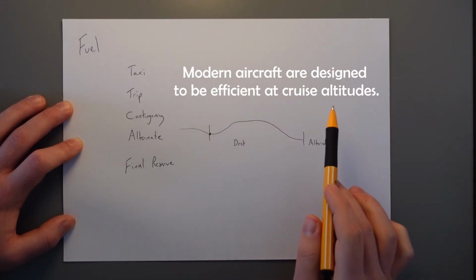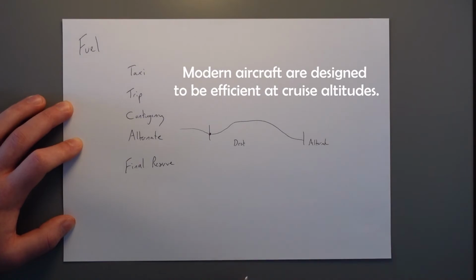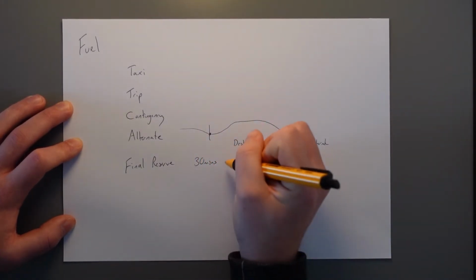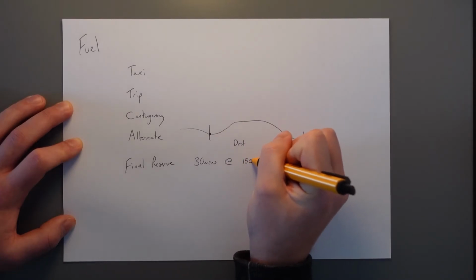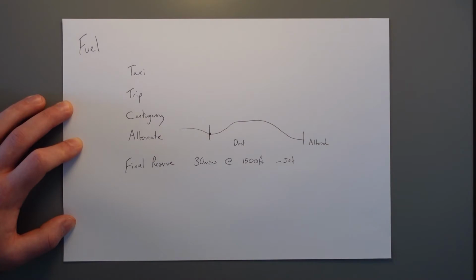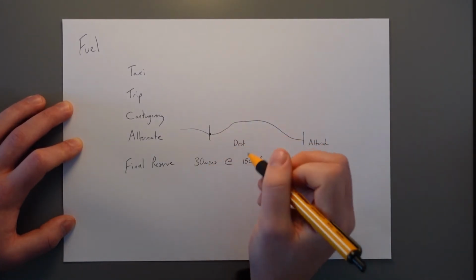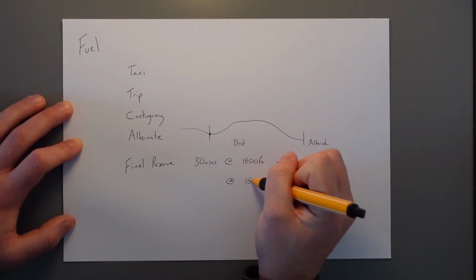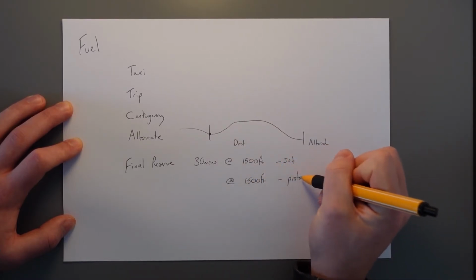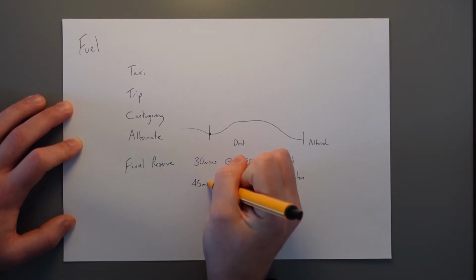So there is a big difference if you're at 1,500 feet or if you're at 10,000 feet, for example. So it's 30 minutes at 1,500 feet if you're in a jet. If you are in a piston aircraft, it's still at 1,500 feet, but you need a bit more. You need 45 minutes.